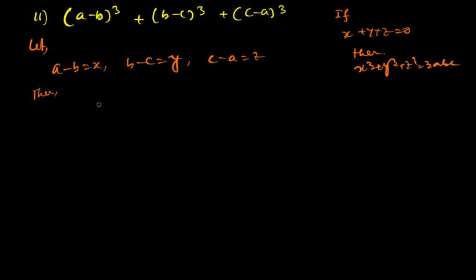Then x plus y plus z, we must check if it is coming out to be 0 or not. So a minus b plus b minus c plus c minus a, the entire thing will become 0.